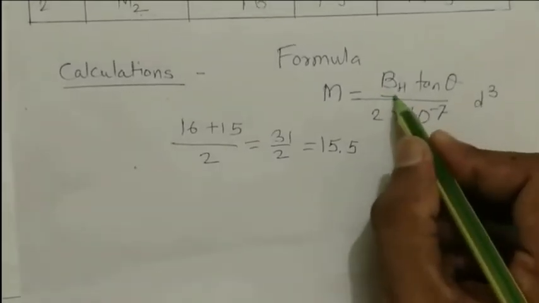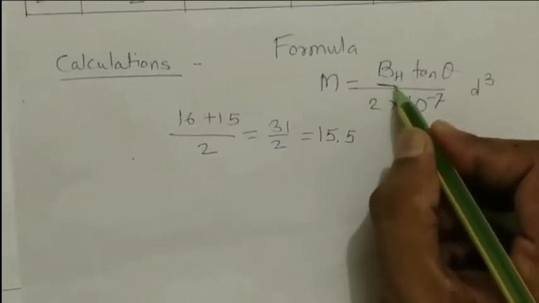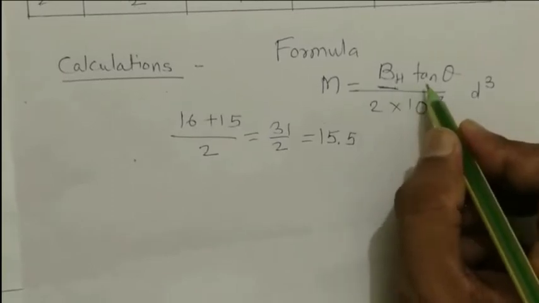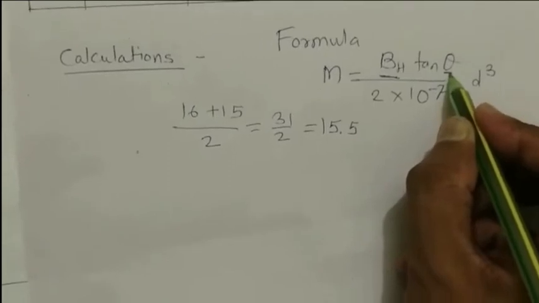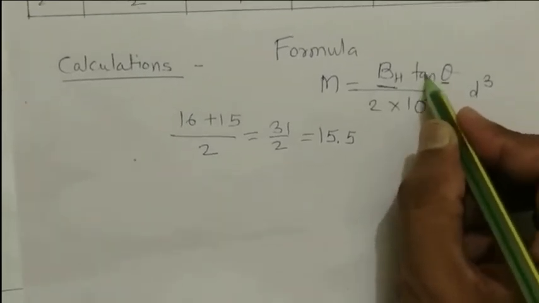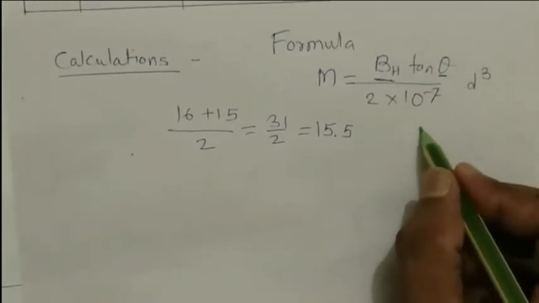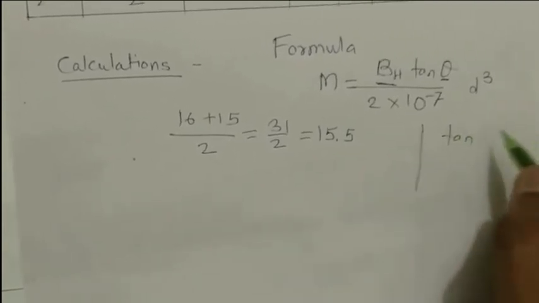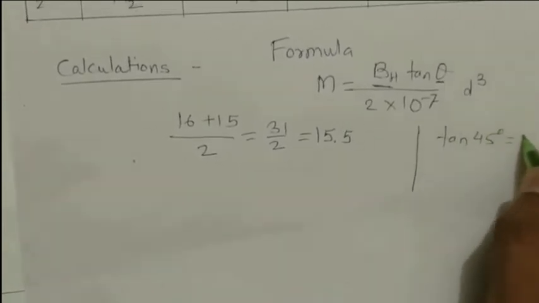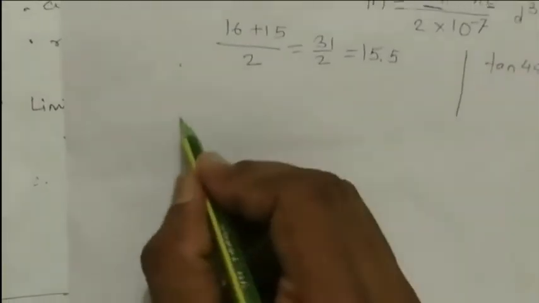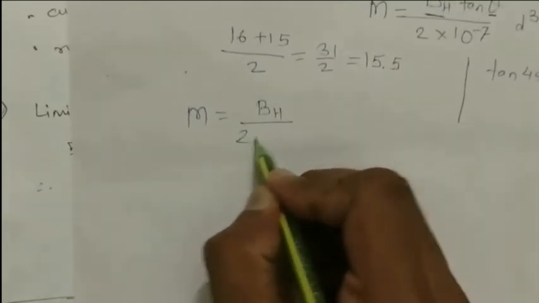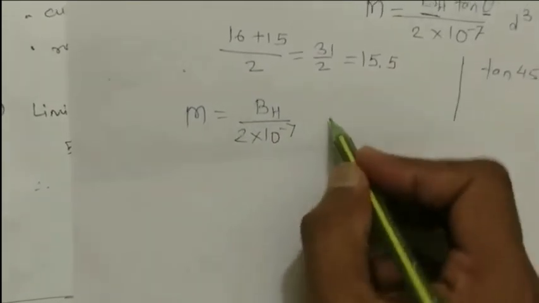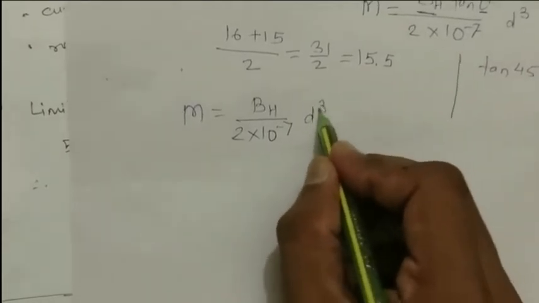Here BH is the horizontal component of Earth's magnetic field, and theta is the measured deflection on the magnetometer, which is fixed, and that is 45 degrees. So we will have tan 45 degrees, which is equal to 1. Now we will use M is equal to BH divided by 2 into 10 to the power minus 7 into d cube.